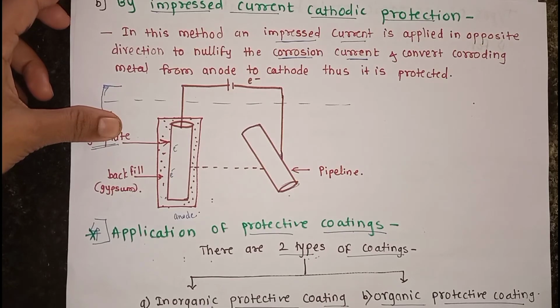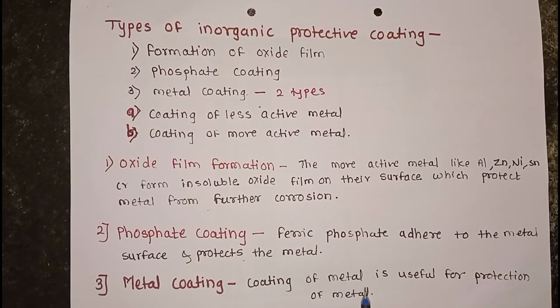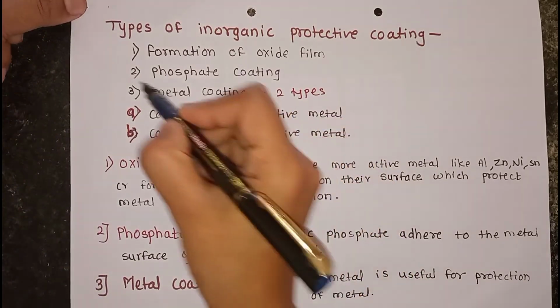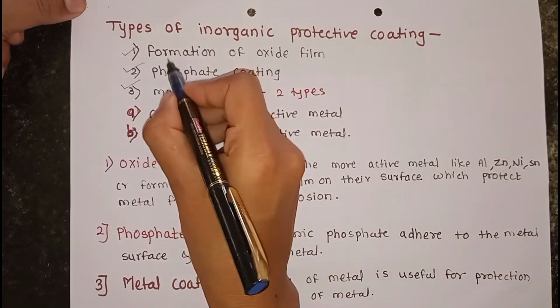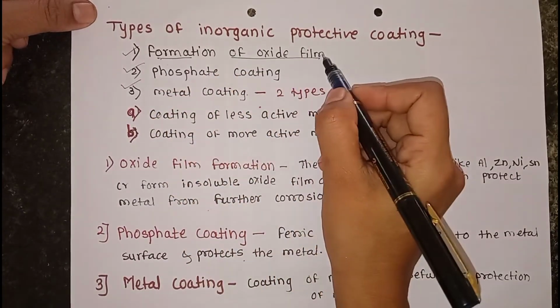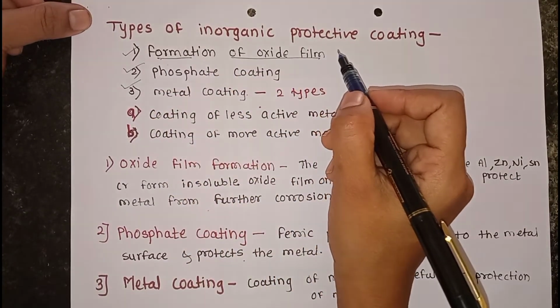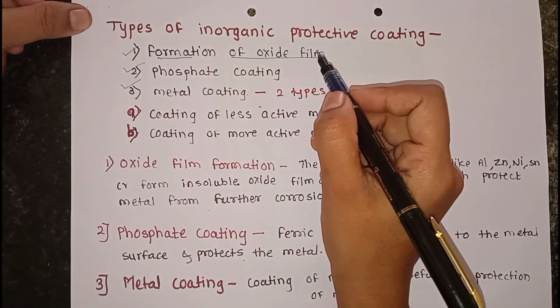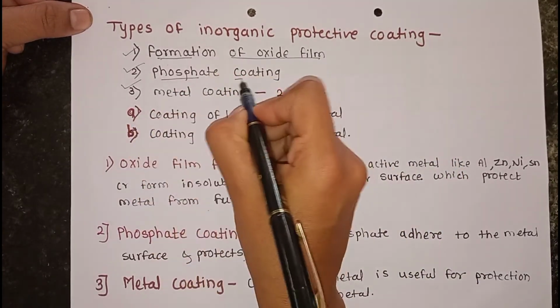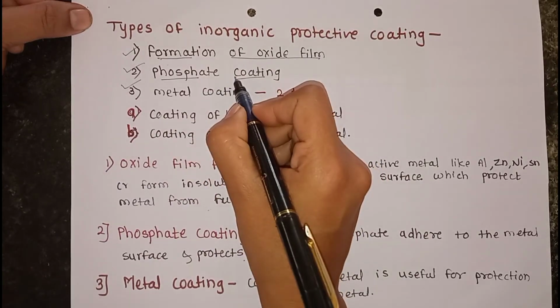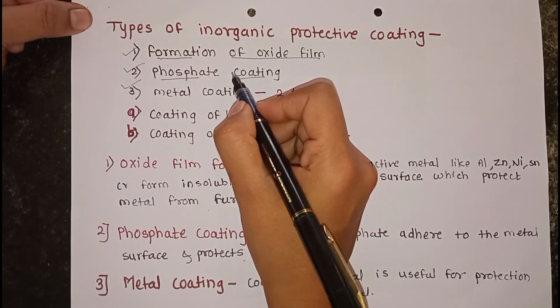Firstly, we discuss the types of inorganic protective coatings. These inorganic protective coatings are of three types. The first type is formation of oxide films, meaning oxide film formation is carried out to protect the metal from corrosion. The second type is phosphate coating, which is also used to protect the metal from corrosion.